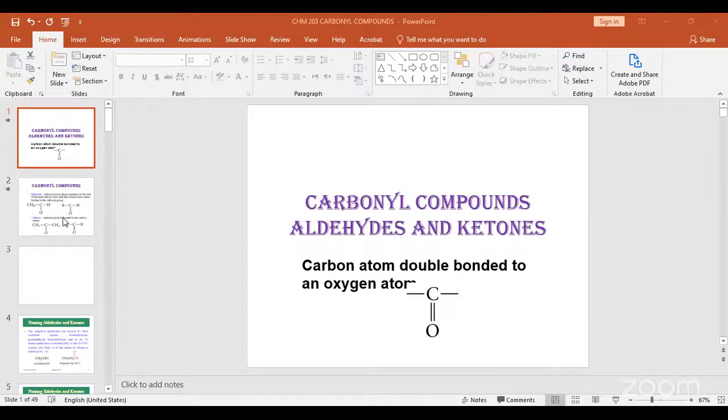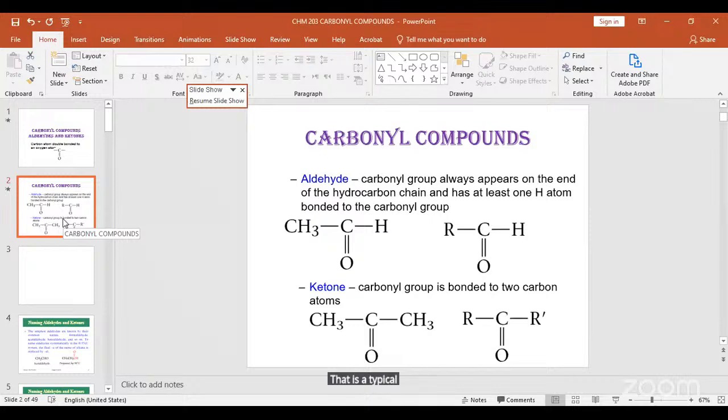Here is a typical example of the aldehyde. There you can see two carbon atoms, and that is ethanal. Then the second case, you have a ketone with R on both sides, and there you have propan-2-one.